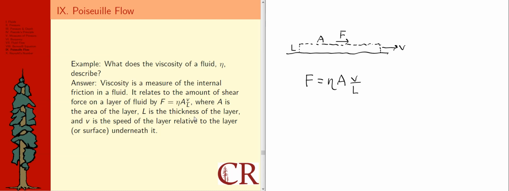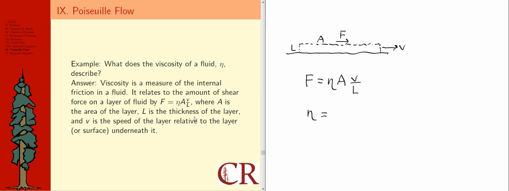If you look up a formula for viscosity, you might be likely to find, instead of the formula I've written here in the slide and on the whiteboard, which is the formula for the force, which is actually an easier one to get to thinking about it conceptually, a formula for eta.